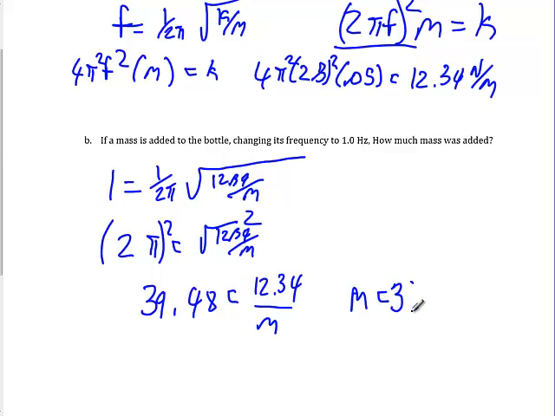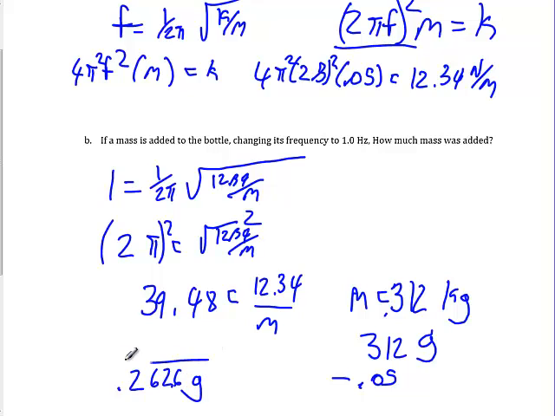My calculator erred. 0.312. This is actually kilograms, so that's 312 grams. That's the total mass. I asked for mass added, so you've got to subtract off the original mass, 0.05, and I get 0.26 kilograms, or 262 grams, actually added to this bottle.